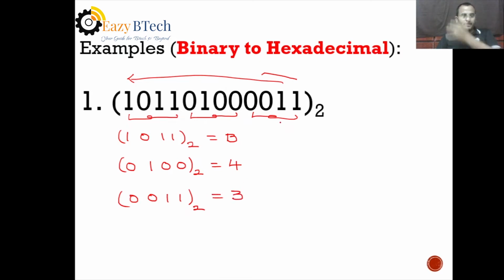So for the given binary number, the corresponding hexadecimal equivalent is B43. So this is the corresponding hexadecimal equivalent of the given binary number, right?